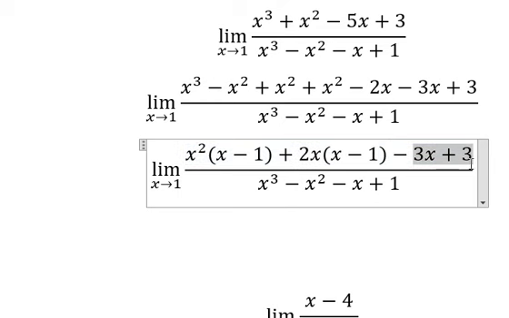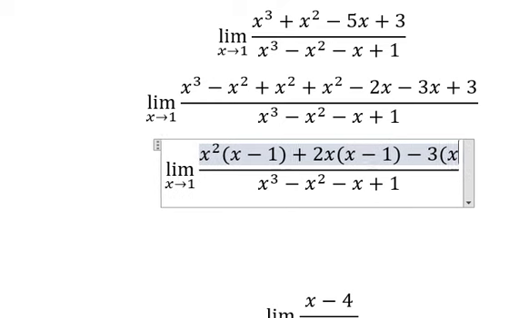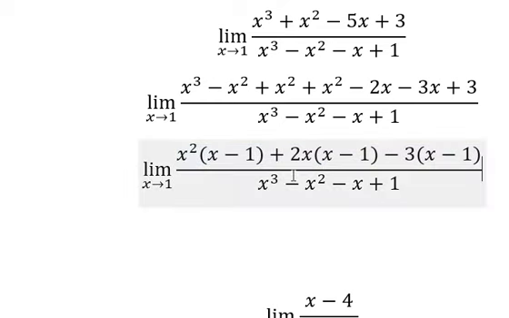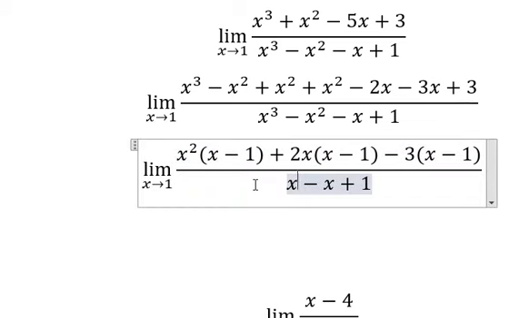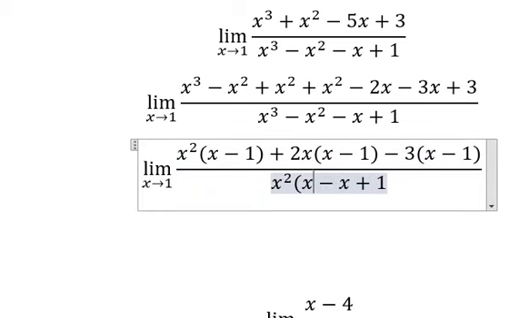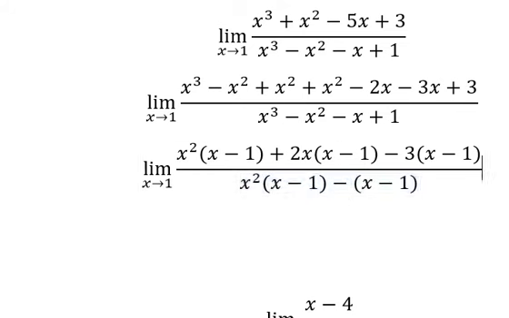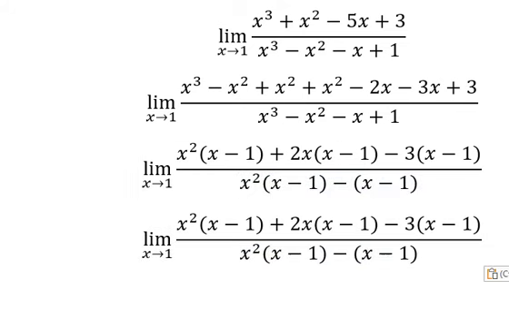This one by negative number 3. This one by s squared. This one by negative number 1. Now we have s minus 1.